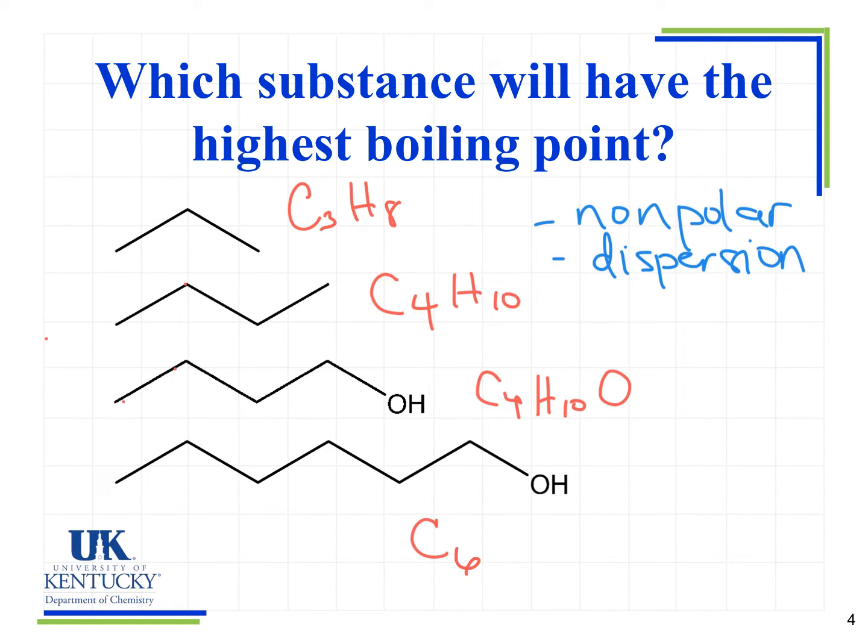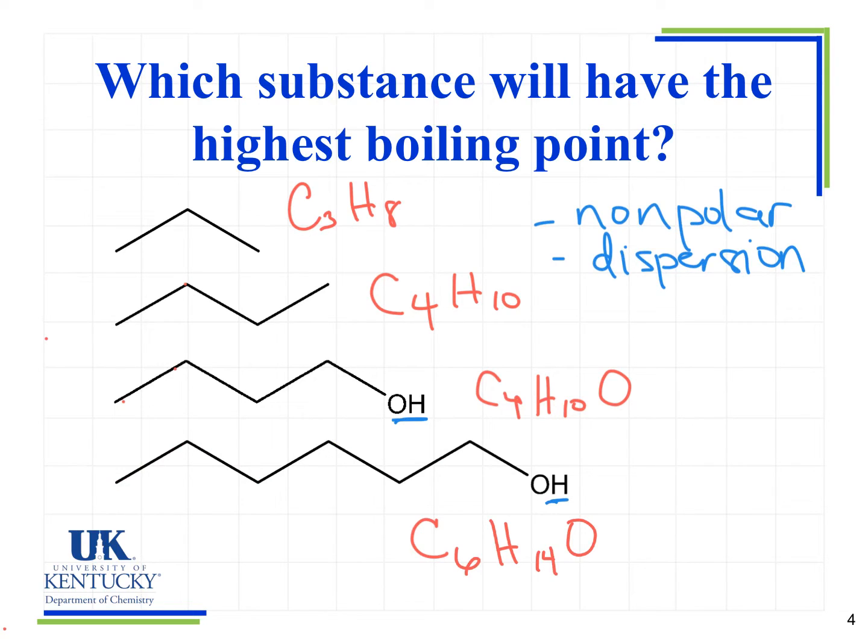Okay, and we're going to have 14 hydrogens and 1 oxygen in there, also present as that OH. And so remember, we have that OH, we have a hydrogen bonded to a fluorine, oxygen, or nitrogen, and it's going to be attracted to a fluorine, oxygen, or nitrogen on a neighboring molecule. So we meet that requirement to have hydrogen bonding.